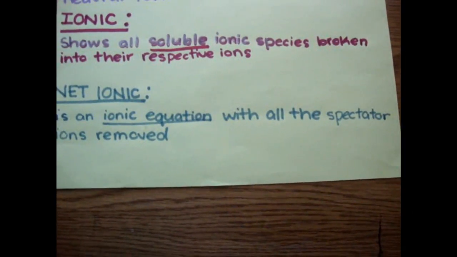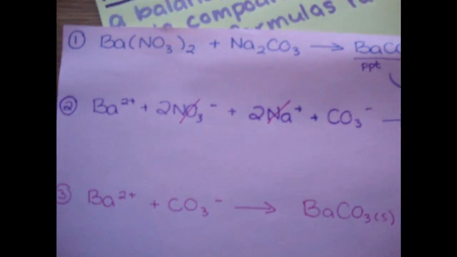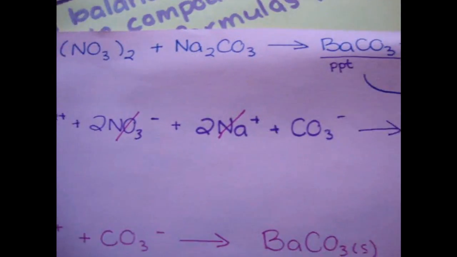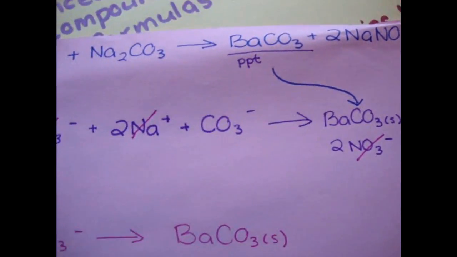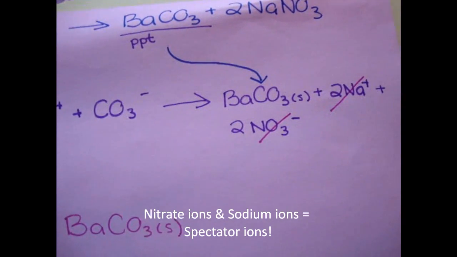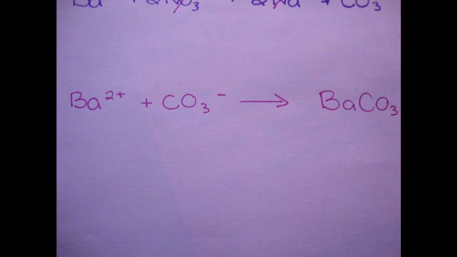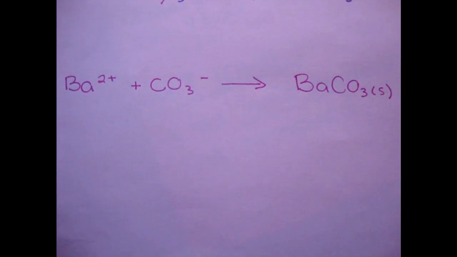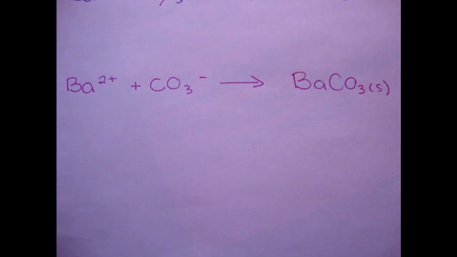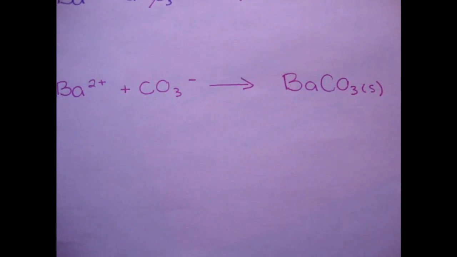So if we go back to the previous example, nitrate and nitrate canceled out, and sodium and sodium canceled out, and that brought us to the net ionic equation of reaction number 1, which is barium ion and carbonate ion yield barium carbonate.